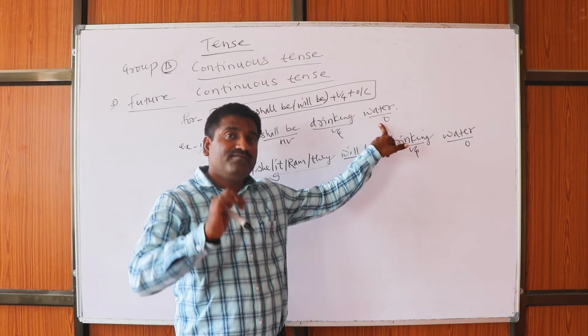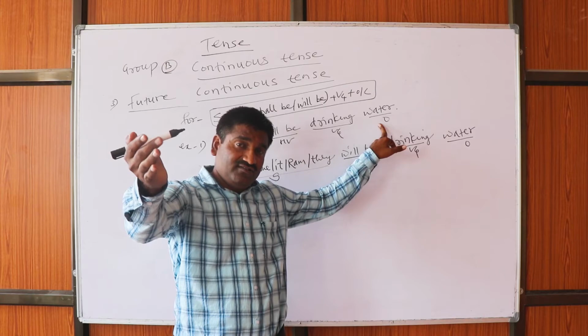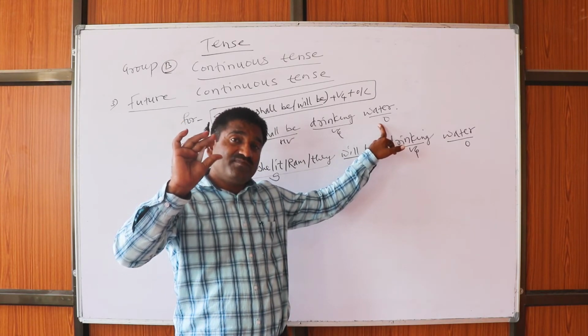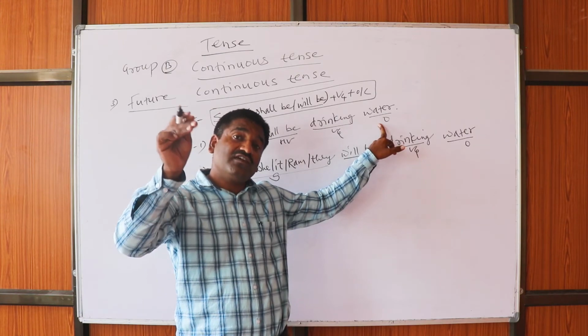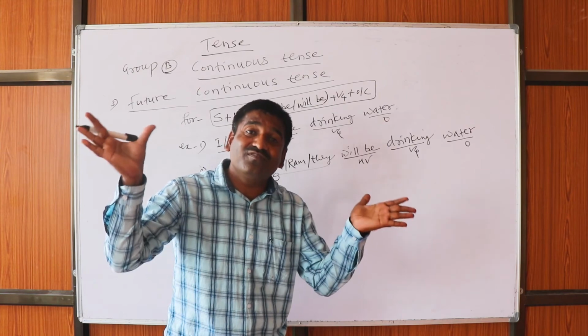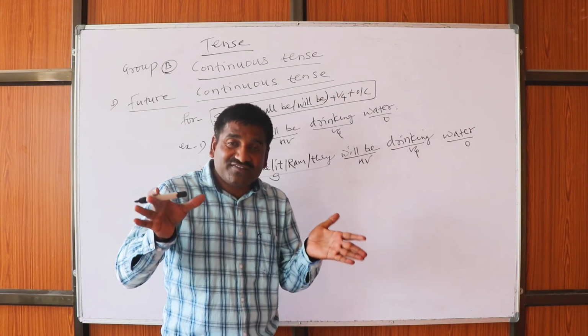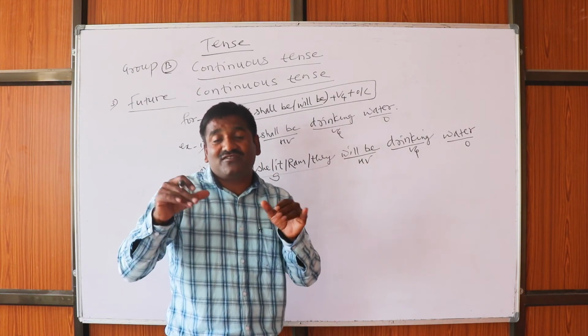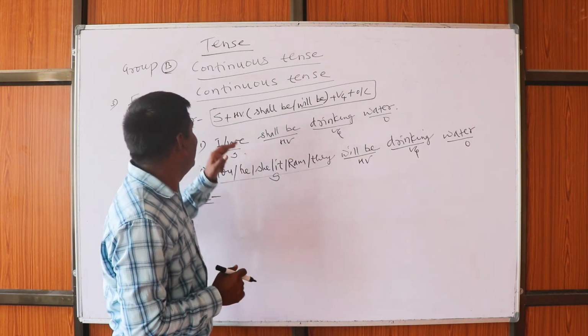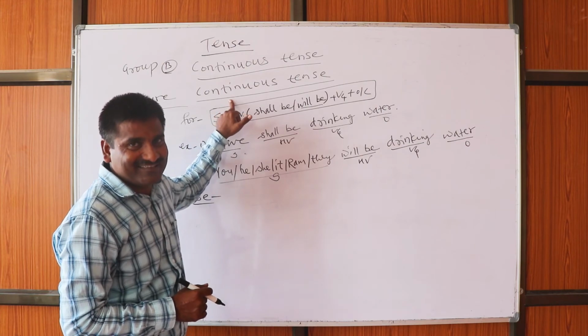So here, singing a poem in a function is a temporary action and it will be continued for temporary time, but in which tense? In future time. So to describe such temporary actions which are going to be continued for temporary time in future, we use future continuous tense.